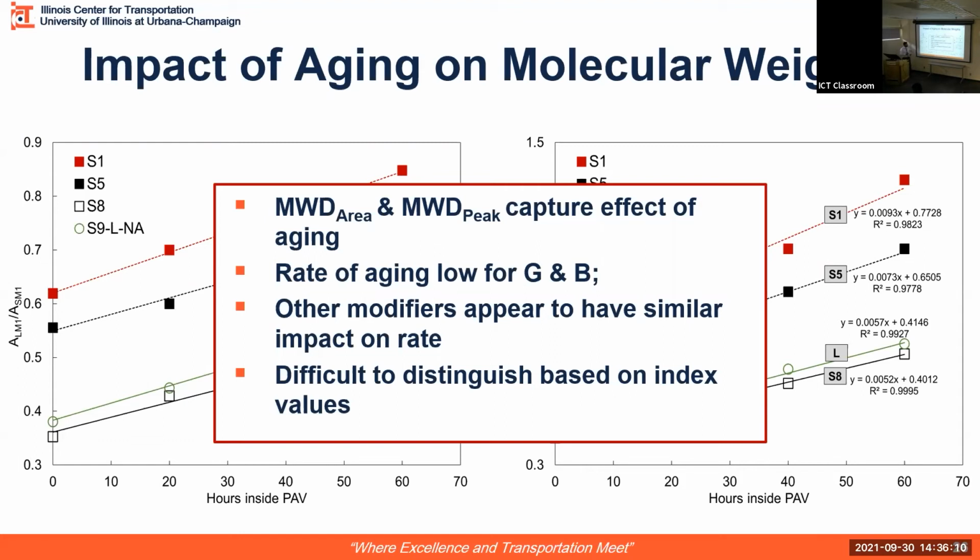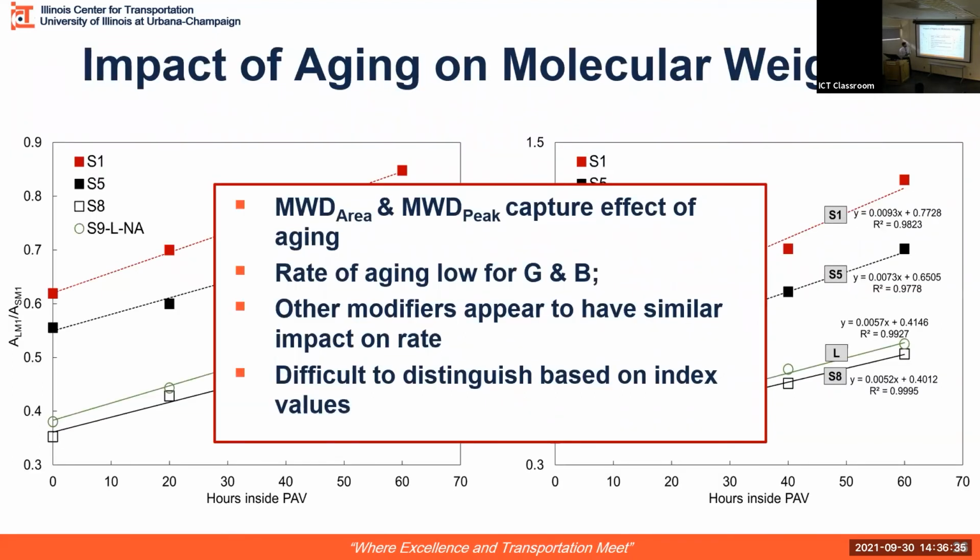However, it has to be kept in mind that rate also plays a role. So that absolute higher value can be because of a certain chemistry in the binder, which is not taking part in creating a brittle binder or a binder with much more stiffness.